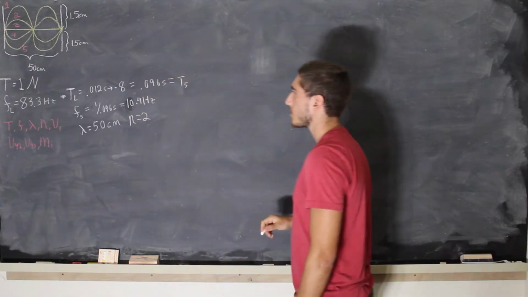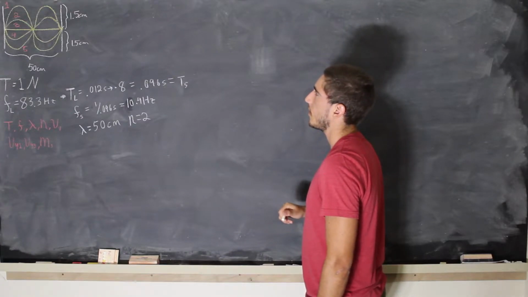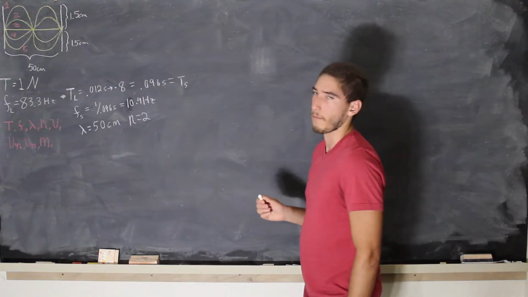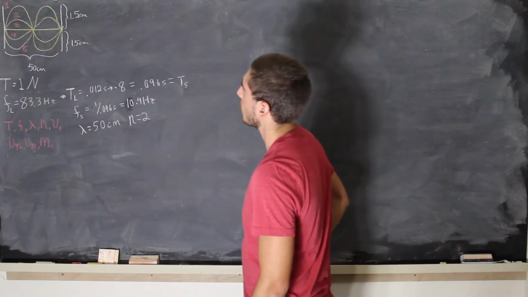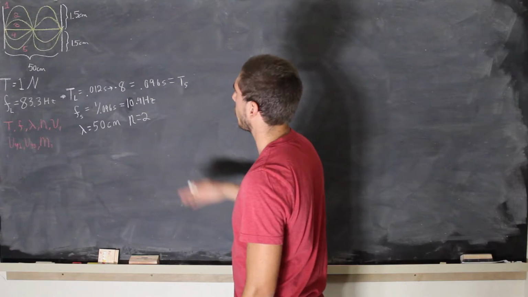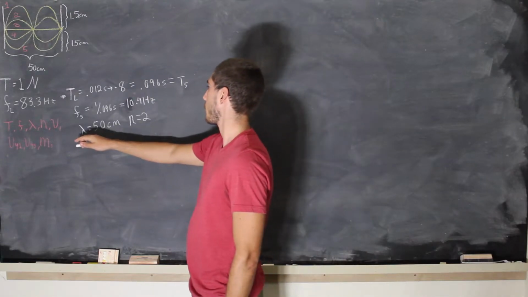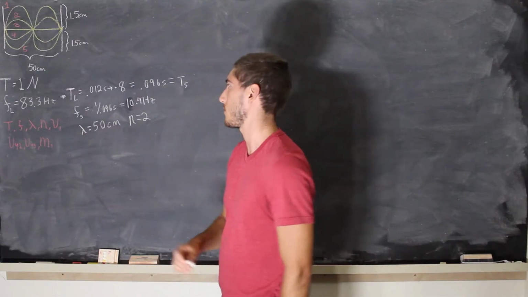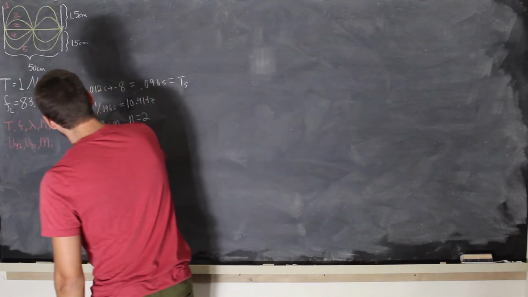Okay, velocity in the x direction, or the propagation velocity. How are we going to solve for this one? We have wavelength and we have frequency, and wavelength times frequency equals velocity.